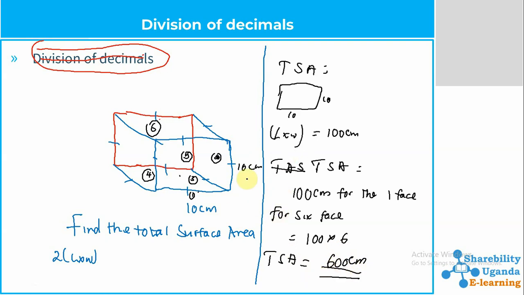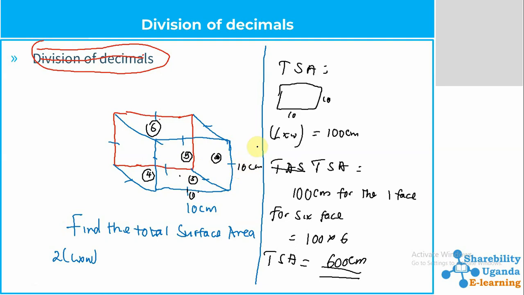To make a recap, we are looking at the total surface area of this figure of ours, and in this figure we have many faces. There are actually 6, but the sides are equal to one another. So what we do is find the area of one face.